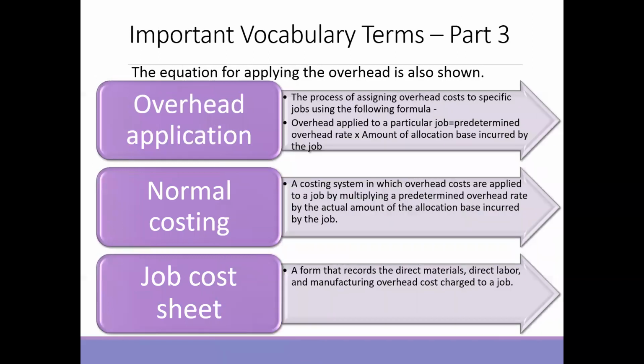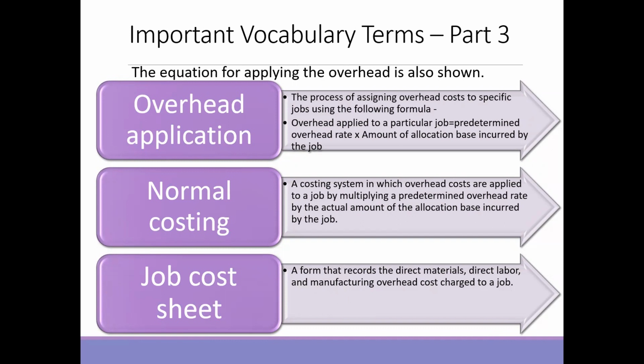Now, another term: overhead application, the process of assigning overhead costs to specific jobs using the same formula. Overhead applied to a particular job is the predetermined overhead rate times the amount of allocation base incurred by that job.